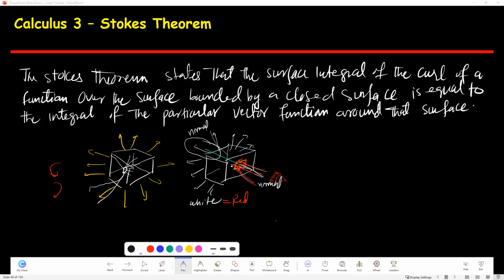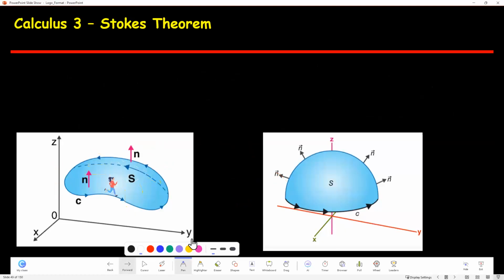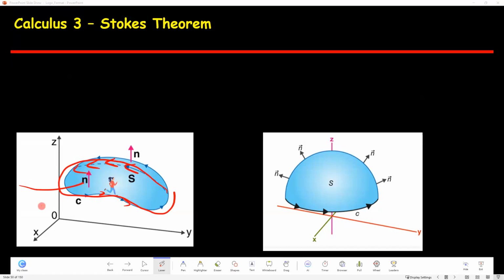Another way I'm going to look into this one: in this image, let's suppose this is a window, and this is the arrow, which means you are going in this direction. Whatever is going into this window from this direction should be equal to whatever comes out.